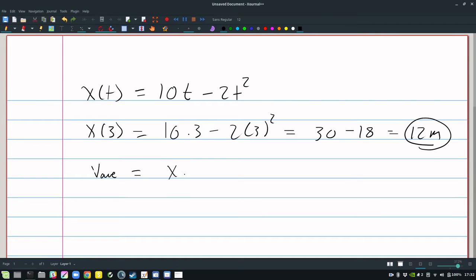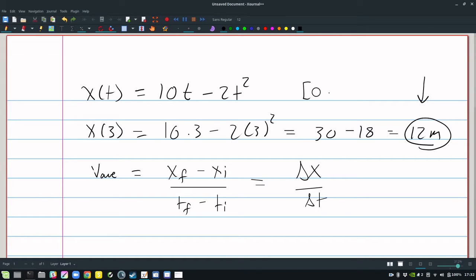The average velocity is x final minus x initial over t final minus t initial. You can think of that as delta x divided by delta t, or the slope of position. What is x final? We know x final, we just calculated it. What's x initial? Well, what's t initial? T initial is 0 seconds, and so we're going between 0 and 3 seconds.